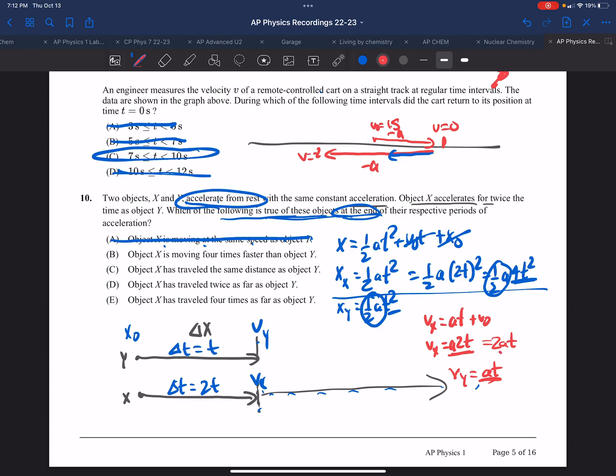So vx is twice as large as vy, not 4 times faster. X has traveled the same distance as Y? No, we already saw that was 4 times. X has traveled twice as far? Nope, it'll have twice the velocity. X has traveled 4 times as far as Y. So that's all the reasons why the incorrect are incorrect and the correct are correct.